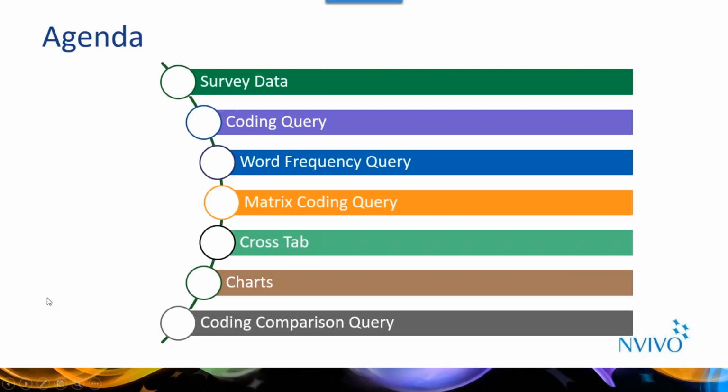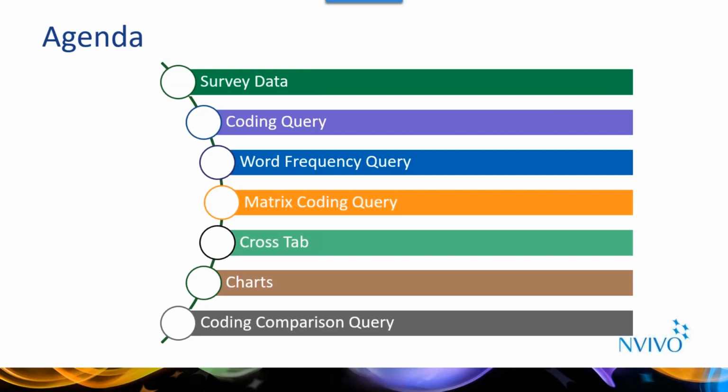Today, I want to take a look at some of the tools that are available in NVivo 12. Today's session is designed as an overview to give you a sense of possibilities. It is not designed as a training session per se. We certainly will talk about resources towards the end of the presentation.